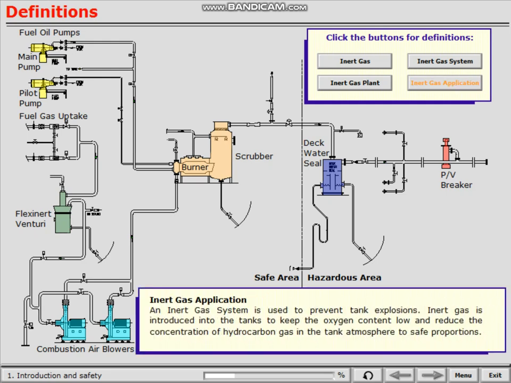An inert gas system is used to prevent tank explosions. Inert gas is introduced into the tanks to keep the oxygen content low and reduce the concentration of hydrocarbon gas in the tank atmosphere to safe proportions.